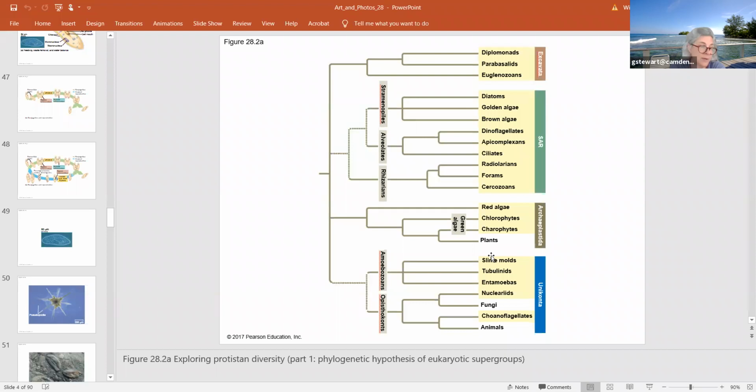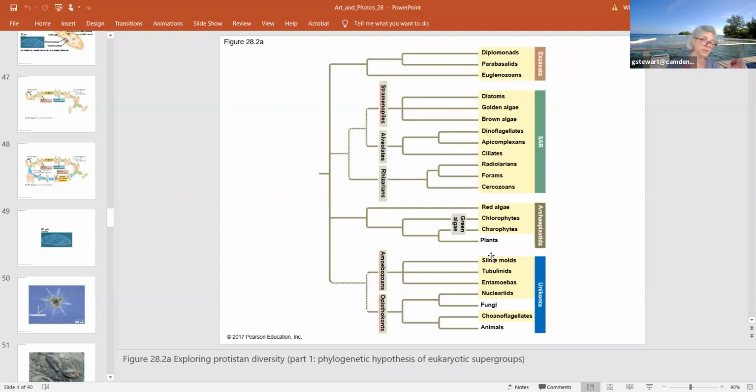Unlike land plants, though, the charophytes do not exhibit true alternation of generations, and they also lack an embryophyte, which is the defining characteristic of land plants, and they have this protein called sporopollenin, which is to prevent the zygote from drying out.